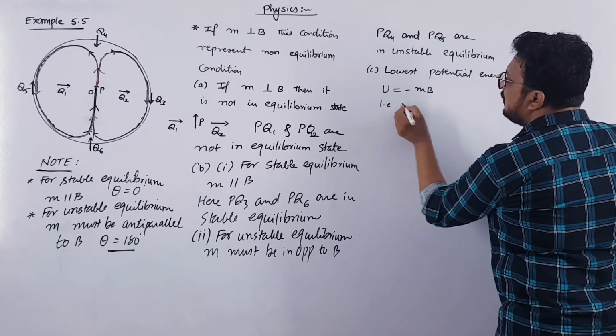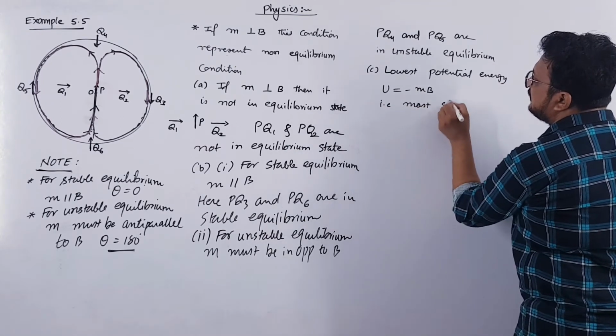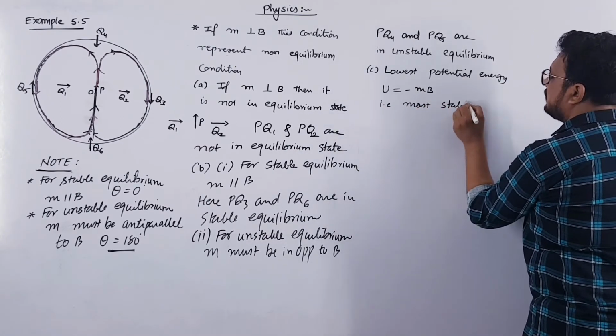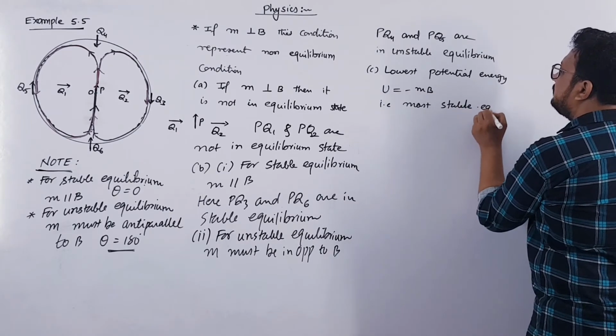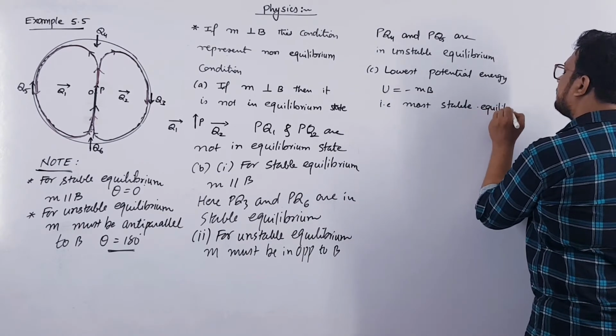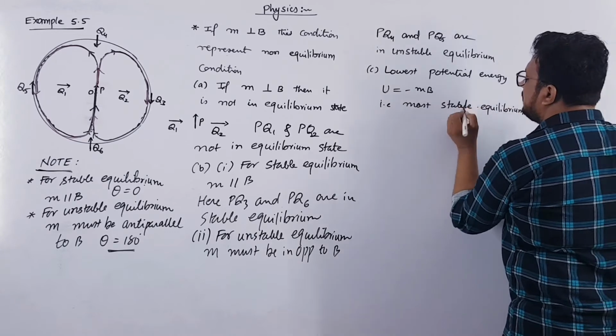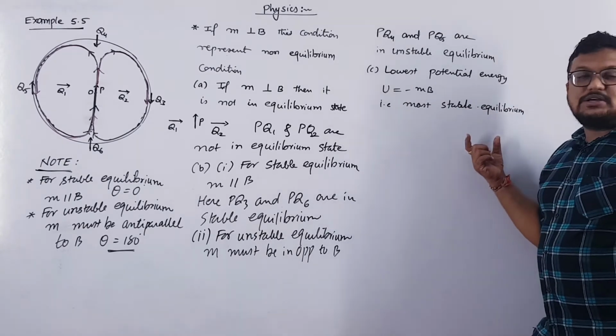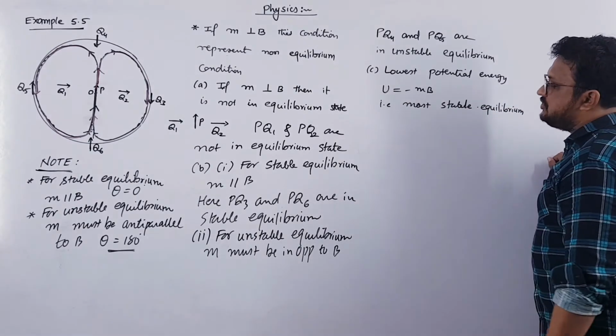That is the most stable equilibrium, right? So for lowest potential energy, it must be the most stable position, right?